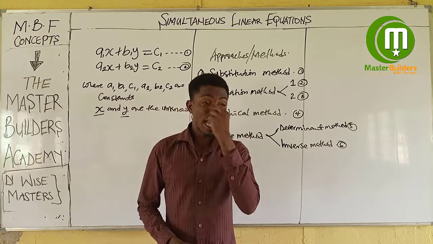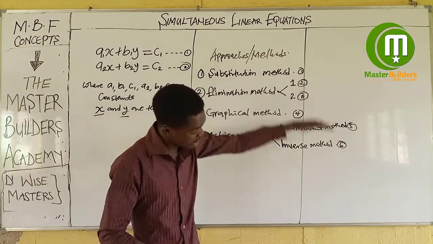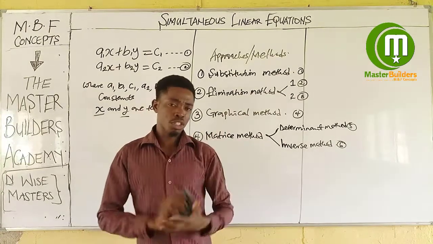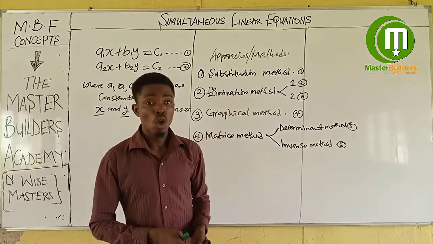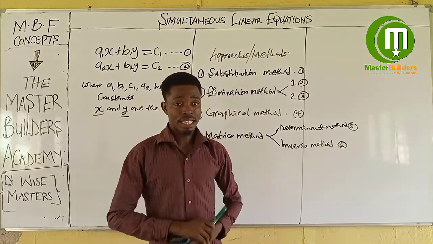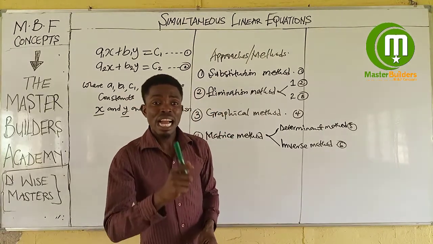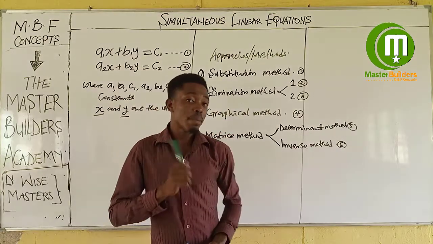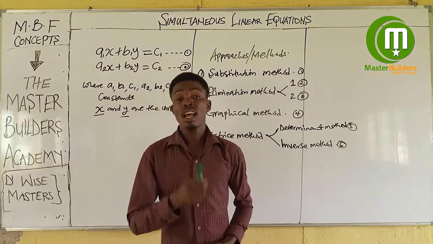And like I explained now, any of these methods that you use here will give you the same result for any pair of simultaneous equations. So you can choose to use any method. But for those who are writing paper examination, the examiner can ask you to use any of the methods. So in such case, you must use the method that is stated by your examiner.